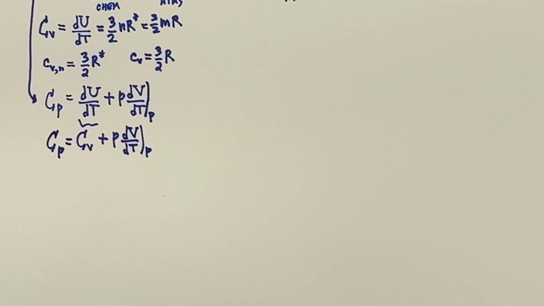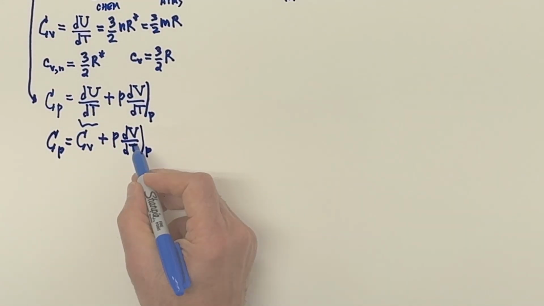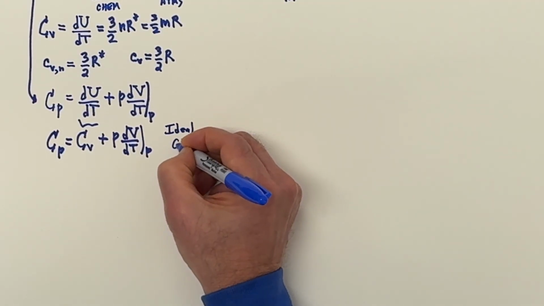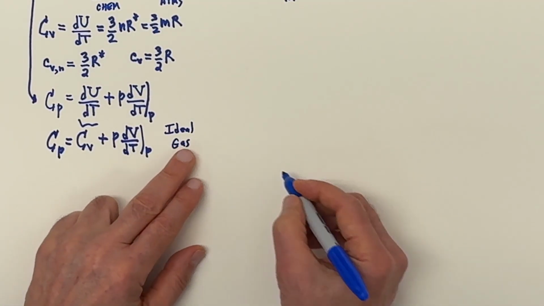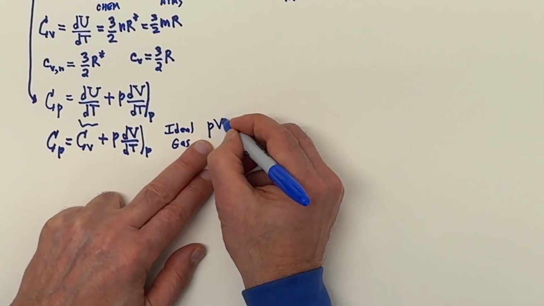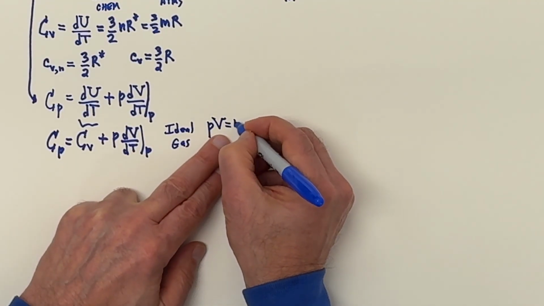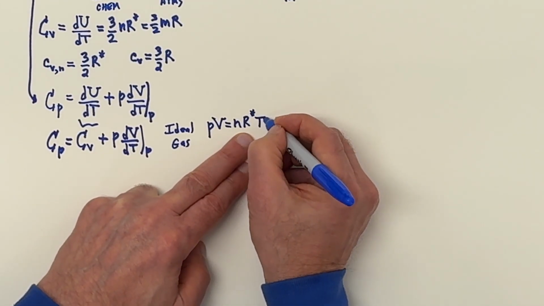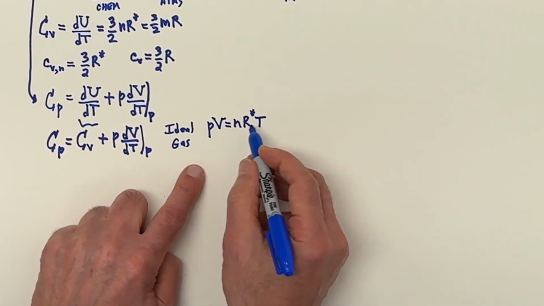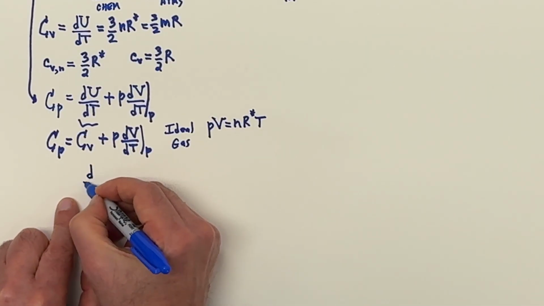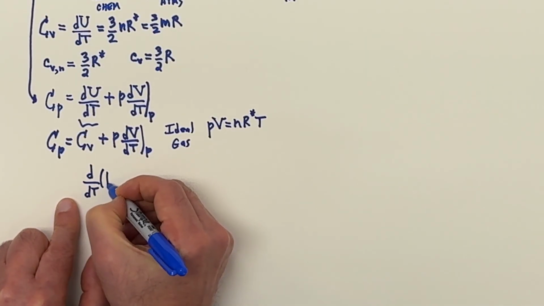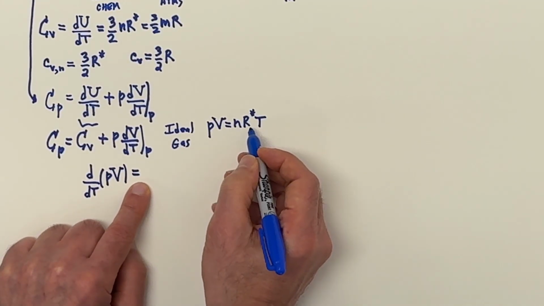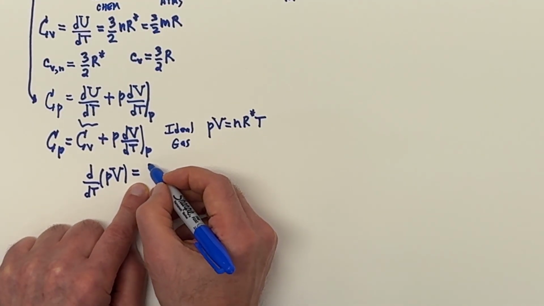So this is what we want to deal with today. Well, we're going to deal with the ideal gas. So for the ideal gas, remember the ideal gas law is pressure times the volume is the number of moles times the ideal gas constant, R star, times T. So I'm going to just differentiate this. d dt of PV is equal to, well, this is going to be easy because I'll write it out.